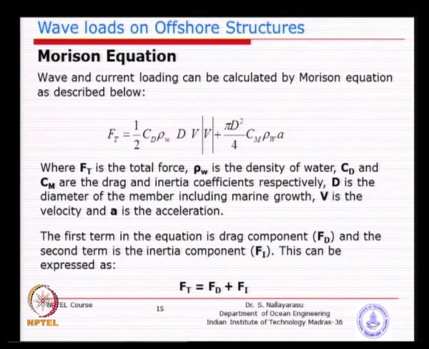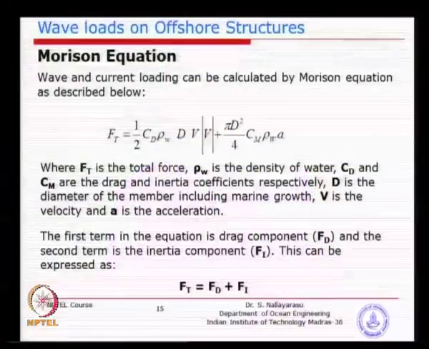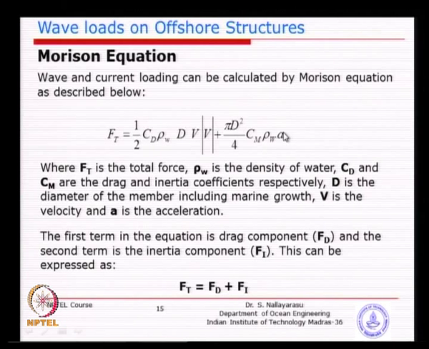Basically the force is calculated for 1 unit length multiplied by the density of water, basically that is the displacement, multiplied by the coefficient called the inertia coefficient, which comprises the self volume plus the volume of fluid moving together when the structure is trying to displace. So, that is why it will always be greater than 1, and A is the acceleration of the water particle fluid at the surface of the structure, which we already have the formula to calculate.